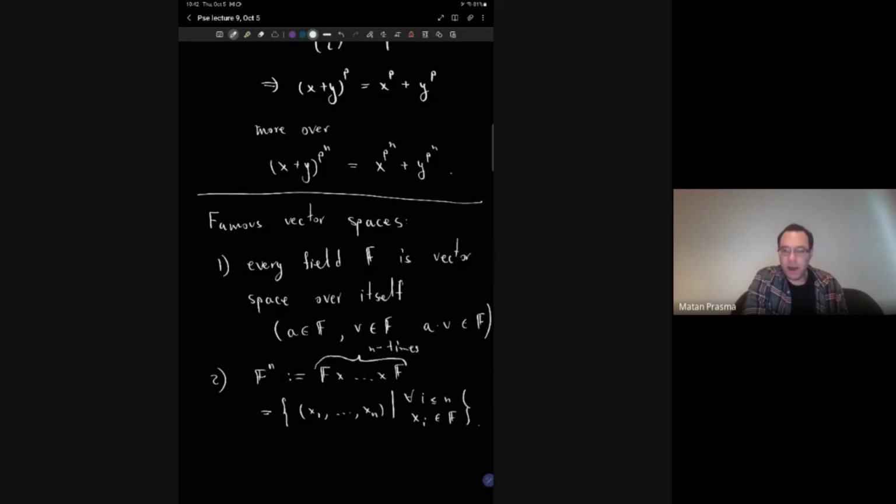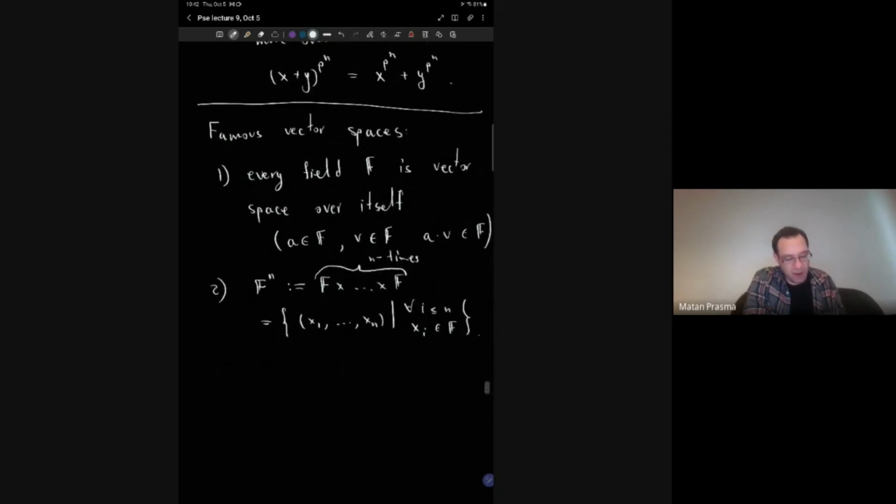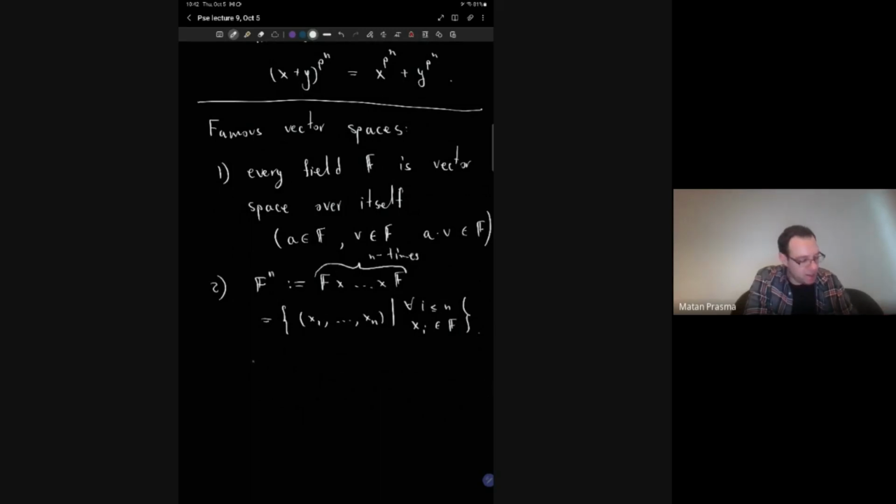Now, on this Cartesian product, you have the structure of a vector space by defining scalar multiplication by A. Let's say V is x1 up to xn. Then I define A. Well, let's maybe first do addition. So if W is y1 up to yn, you simply do addition in F in each coordinate.